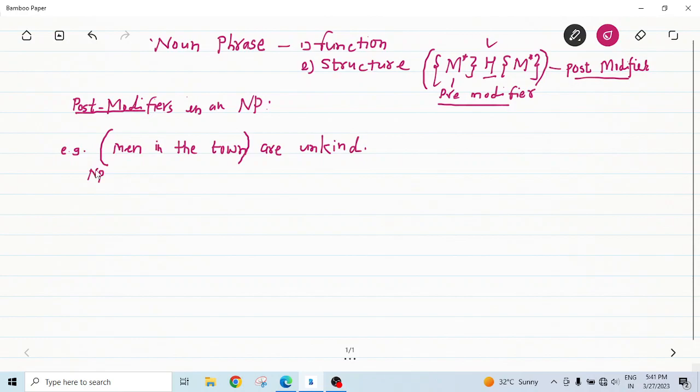Here men is the head word and in the town is a prepositional phrase. Here the prepositional phrase functions as post modifier in this noun phrase. So a prepositional phrase functions as post modifier in a noun phrase.